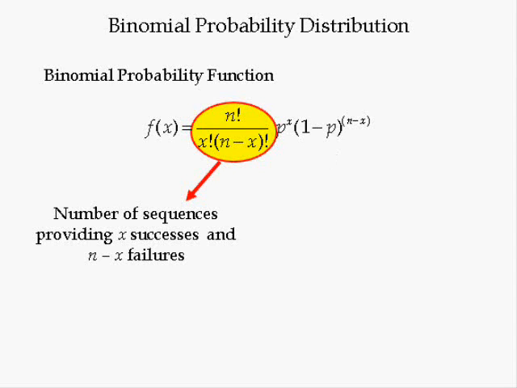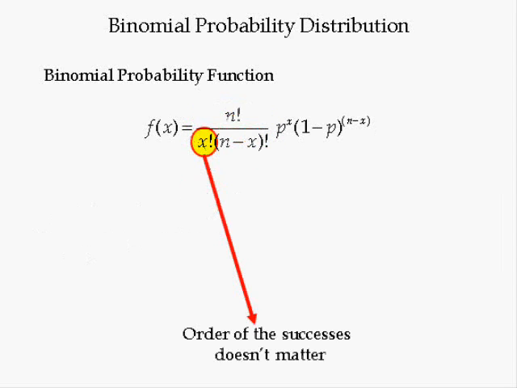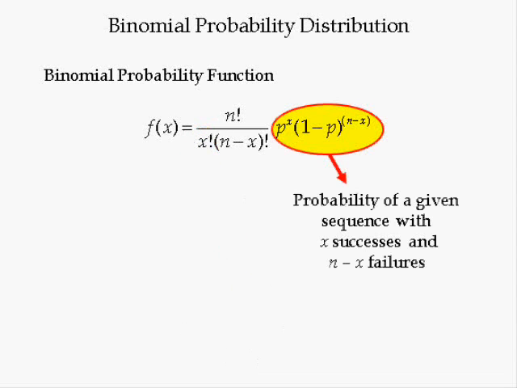The 5 sequences are: success, then 4 failures; a failure, success, and then 3 failures; 2 failures, a success, 2 failures; 3 failures, a success, and 1 failure; 4 failures and 1 success. The x factorial in the denominator means order doesn't matter. We talked about this in the previous chapter.